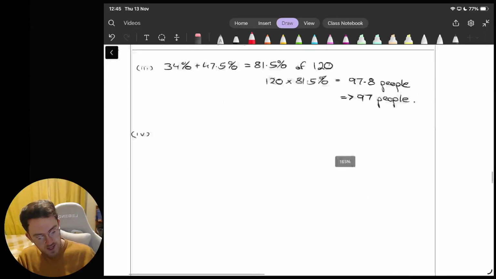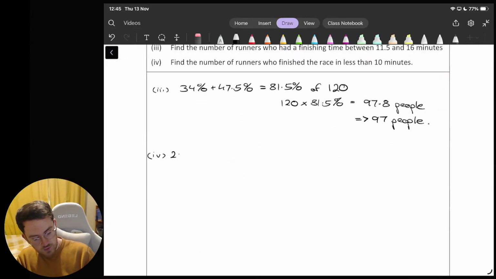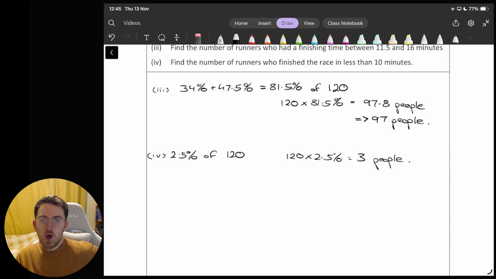So 2.5% finished with less than 10 minutes. So let's work that out, which is 3 people. So 3 people finished the race in less than 10 minutes, which in this case obviously is quite a high score. Even though it's a low value, because of the context, that's actually a really good score and a good achievement there.